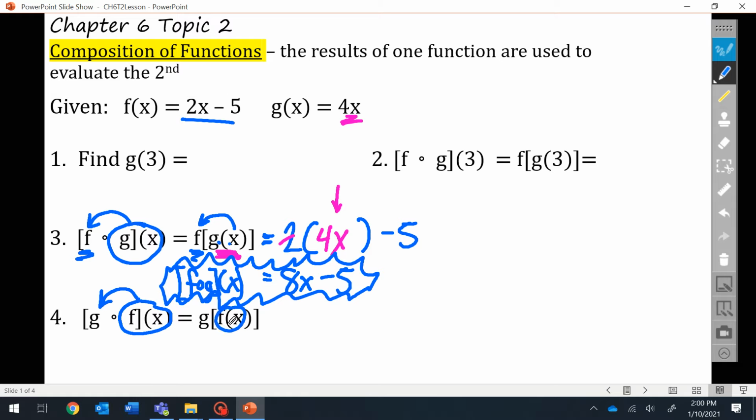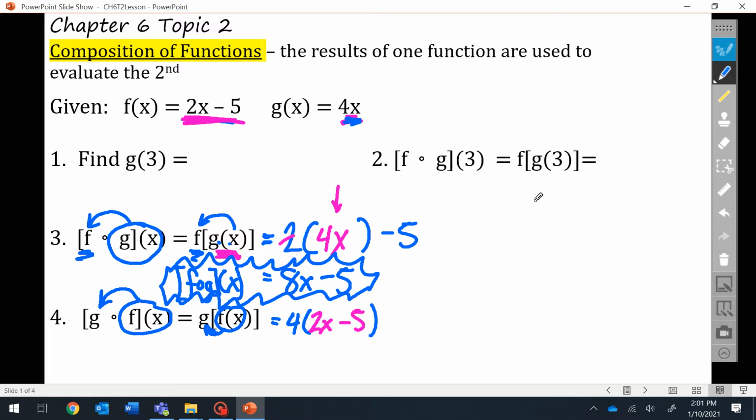The f function is the input for the g function. So how do we do this? Well, this time I'm going to write the g function with parentheses instead of x's. So look at the g function, 4x, so it's 4 parentheses. And inside the parentheses, I'm going to put the f function, the inside function, which is 2x minus 5.